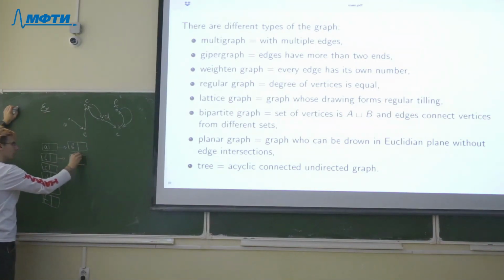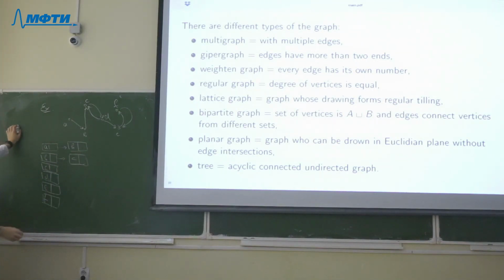And we don't write down vertex A because it's directed, it's an edge with order, and we cannot move from B in a direction different from the direction of the edge. Okay?